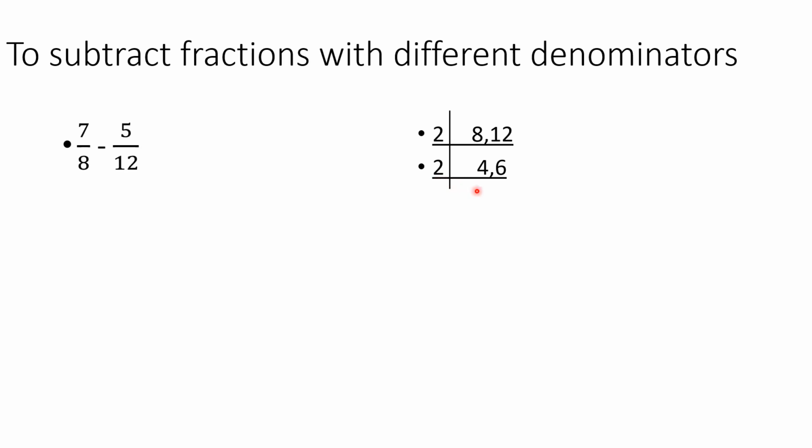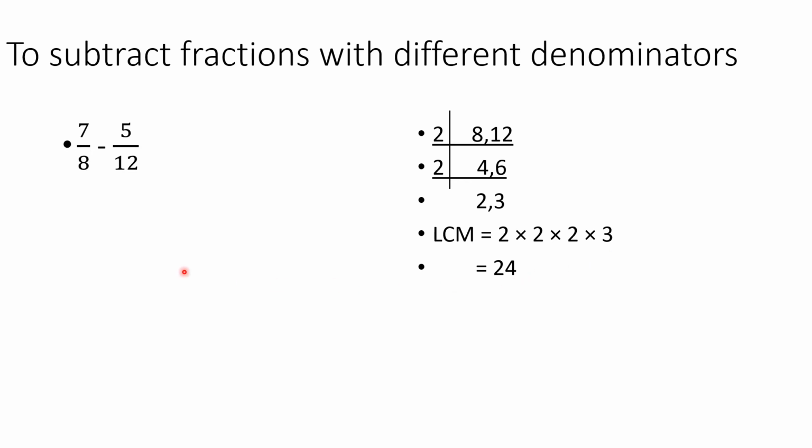So we will divide by 2. 2 twos are 4. 2 threes are 6. But there is no common divisor of 2 and 3 other than 1. So we will stop here and we will multiply these common divisors and remaining numbers to find out the LCM. So LCM will be 2 multiplied by 2 multiplied by 2 multiplied by 3, which is equal to 24.